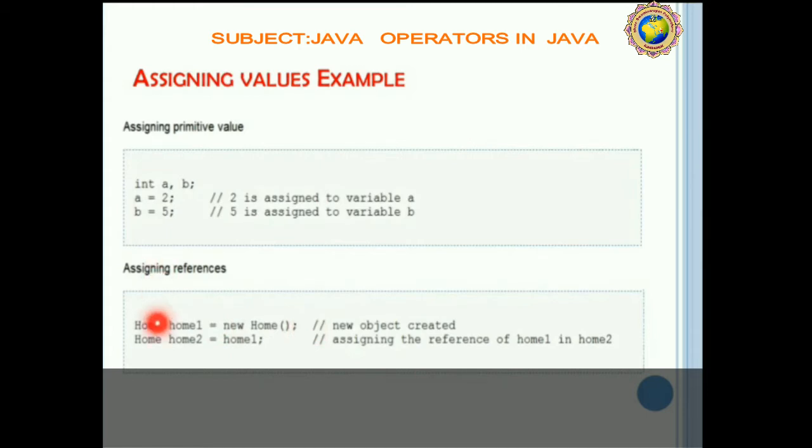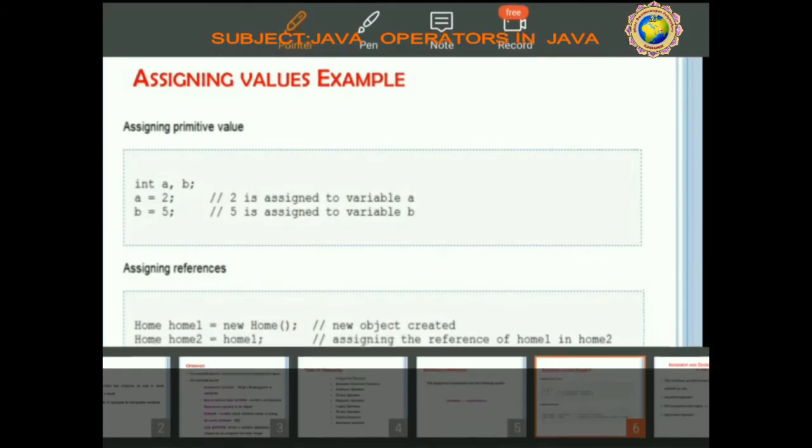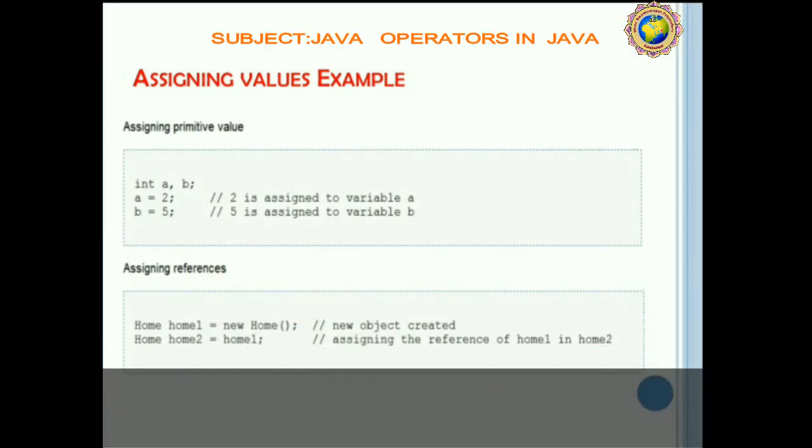Home is the class name, home1 is the object name, new is the keyword to generate an object, and Home is the class name. So this is the syntax of creating a new object. Now home2 = home1. So we are assigning the reference of home1 into home2.